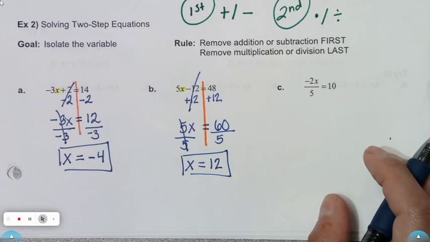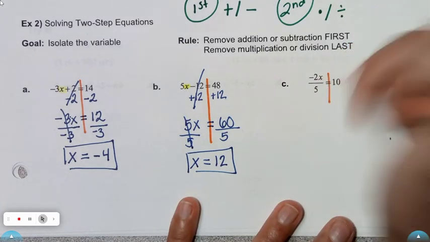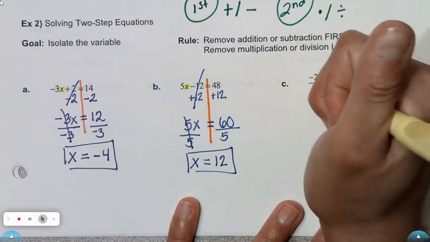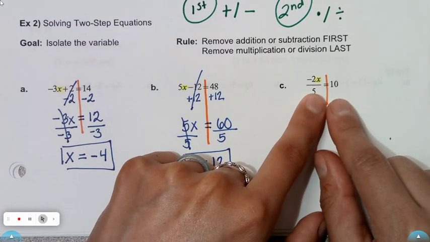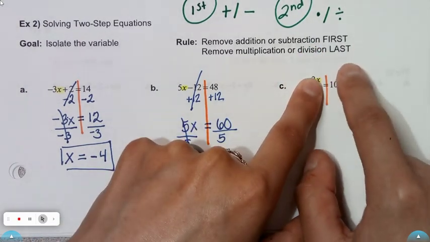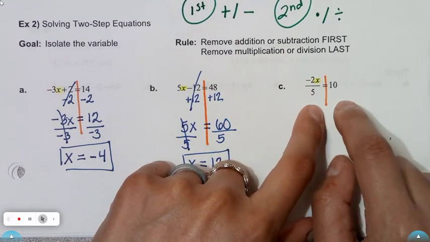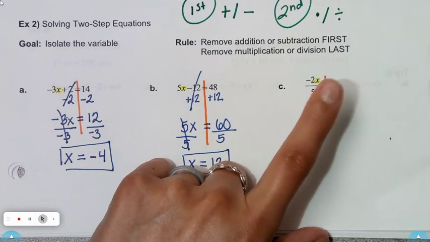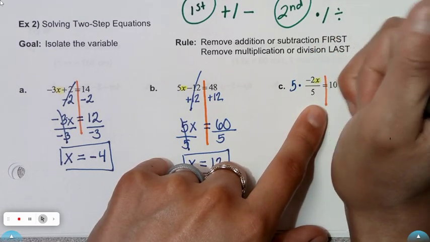All right, and then letter C. So draw your line through your equal sign. Identify your variable. If you have a fraction, so you see I have a fraction on the left, and you have one fraction and one number, like we have here, you can multiply by the number on the bottom to get rid of the fraction. My number on the bottom is 5, so I'm going to multiply both sides by 5.